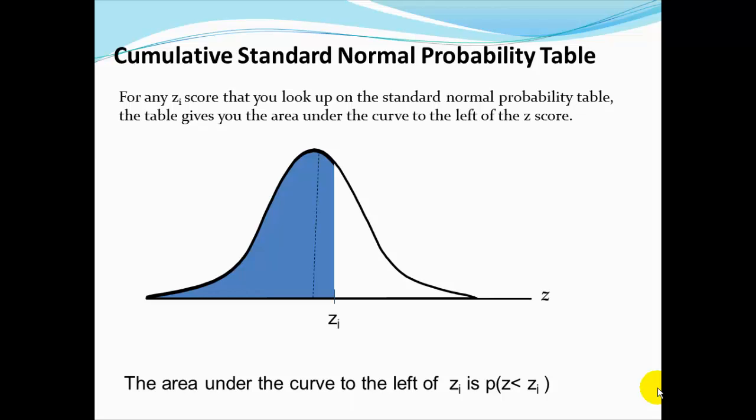Using the cumulative standard probability table, for any z-score, z sub i, that you look up on the standard normal table, the table will provide the area under the curve to the left of the z-score. Therefore, if you look up the z-score z sub i, the table will give the probability that z is less than or equal to z sub i.